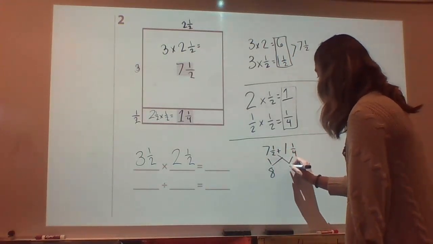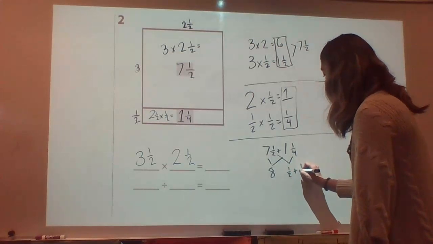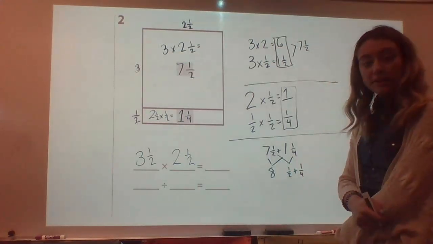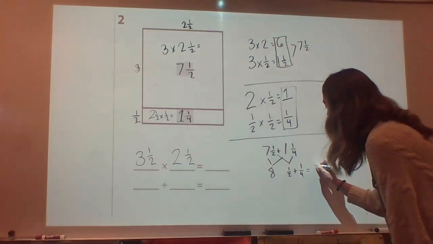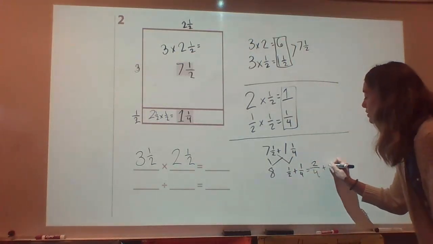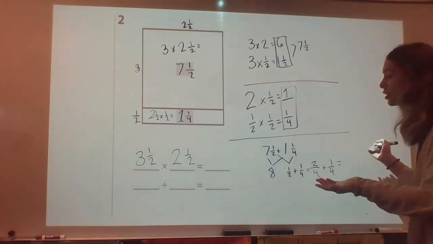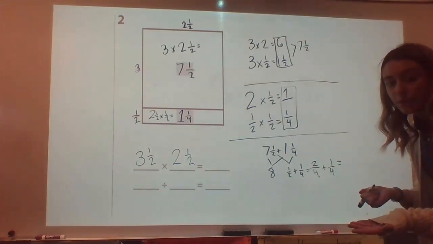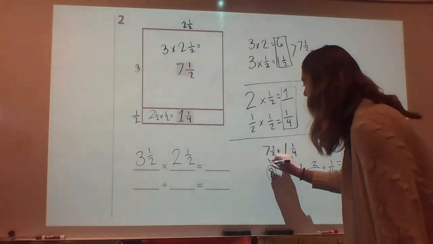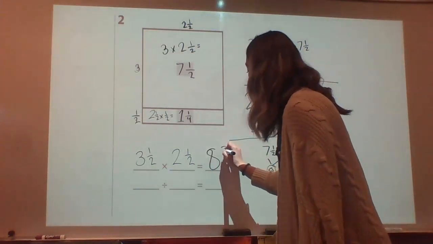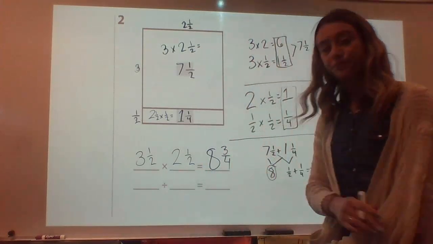Now I have to do 1/2 plus 1/4. Now I know I can change 1/2 to 2/4. So this is the same thing as saying 2/4 plus 1/4. I know now 2/4 plus 1/4 is 3/4. So 3/4 and 8 get us to 8 3/4.